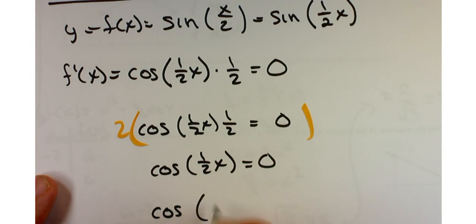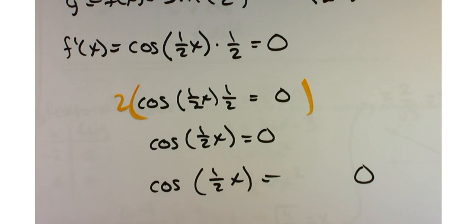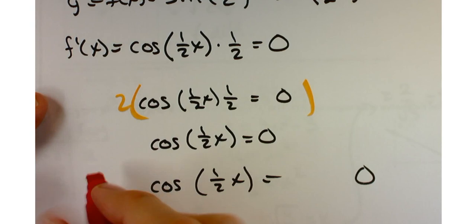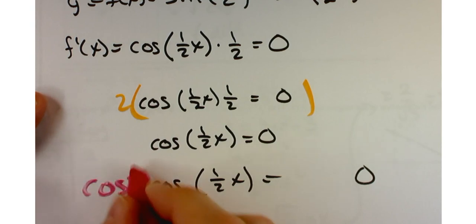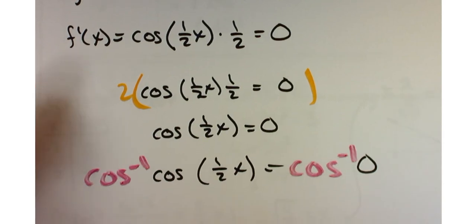And then what? Well, we could take the inverse cosine on both sides, try and get rid of the cosine on the left-hand side. So cosine inverse, cosine inverse. On the left-hand side, I get some nice cancellation. Cosine inverse and the cosine cancel.